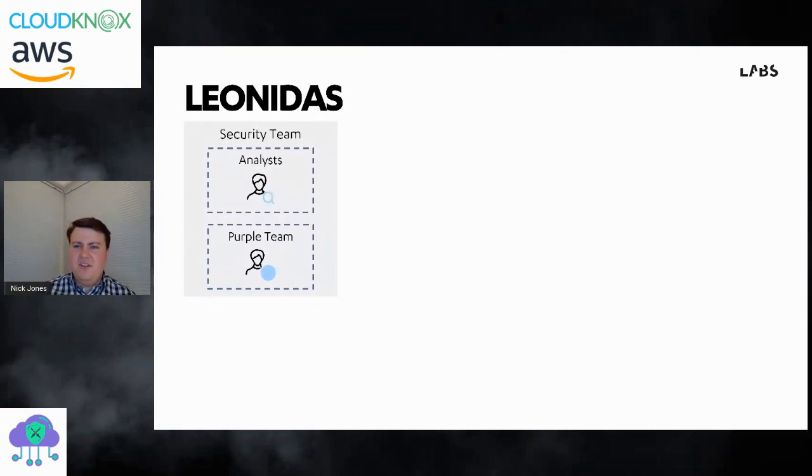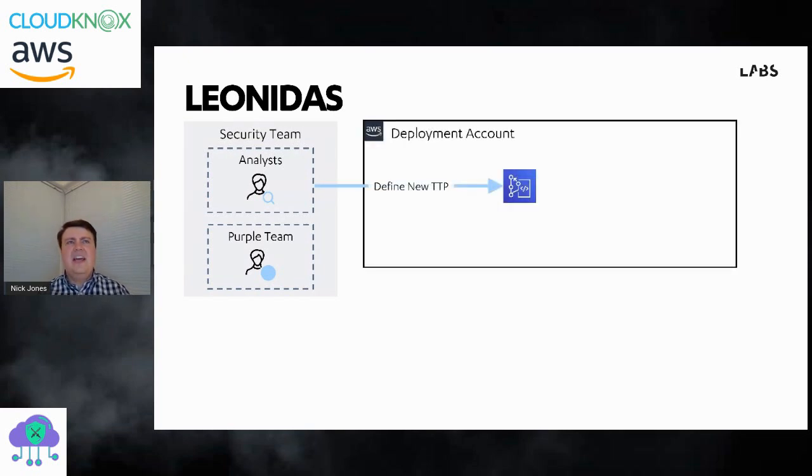So let's say we've got a security team, some analysts, some red teamers, purple teamers, whatever, and one of them's read a new blog post about some new TTP in the cloud that they're interested in. So they sit down and define this in our format. We've got a YAML-based definitions format. You write the TTP, it gets checked into a Git repository.